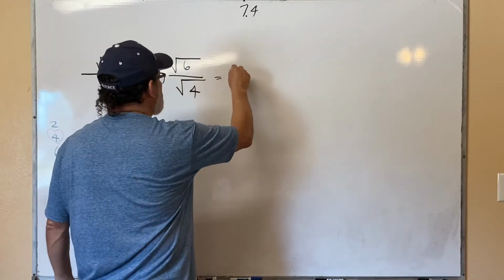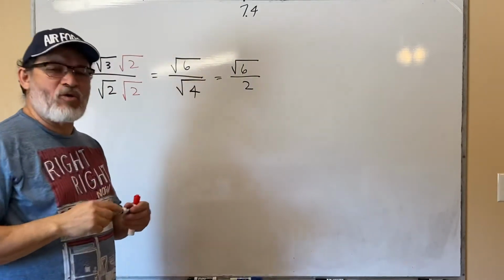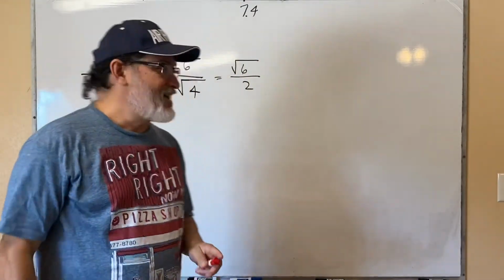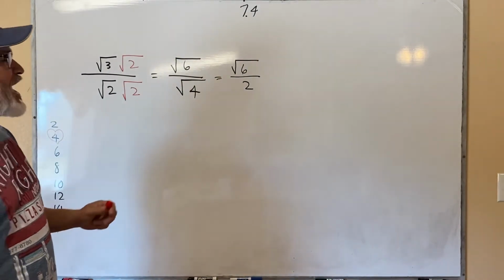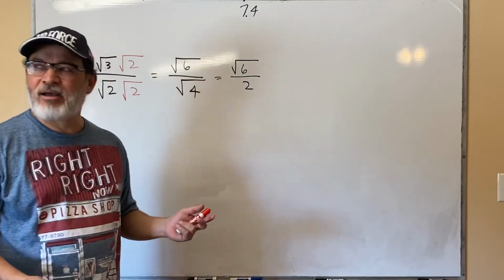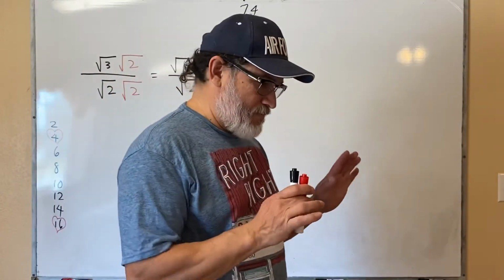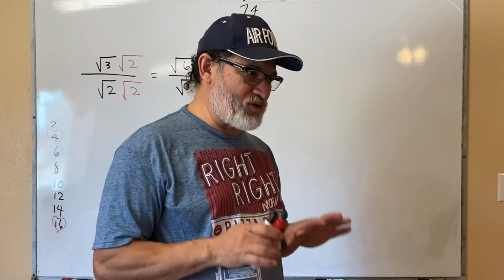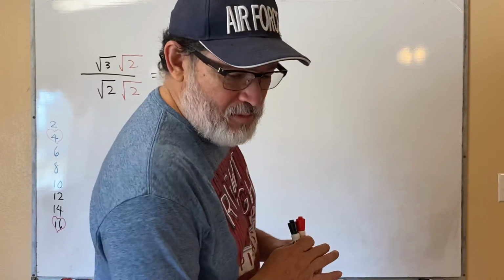So therefore, this is the square root of 6 divided by 2, and no more radicals in the denominator, there are no fractions in the radicand, and we have simplified all the way. So, no radicals in the denominator. Not a problem.